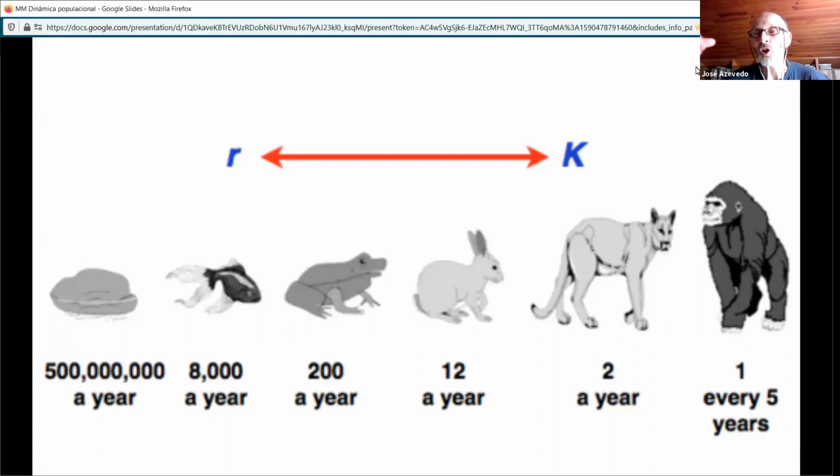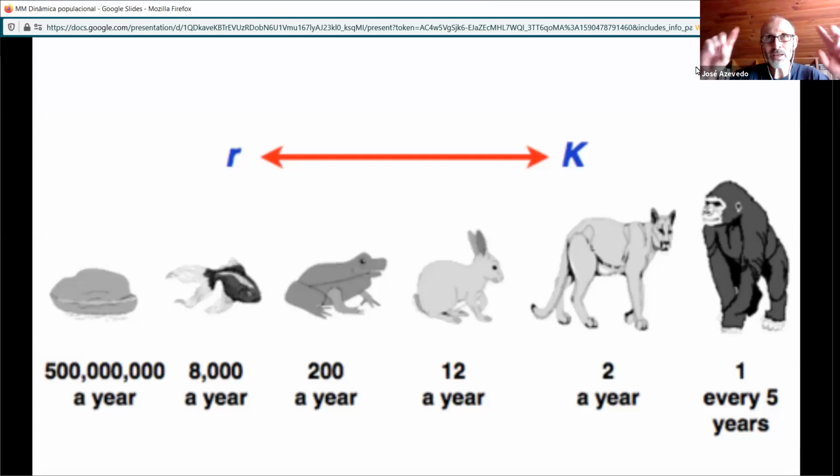Species that have long lives, that have a small number of descendants, they tend to have more stable population dynamics. So their populations don't change much through time. So when you look at the graph, you will see relatively stable numbers looking like what you would get from the logistic curve.